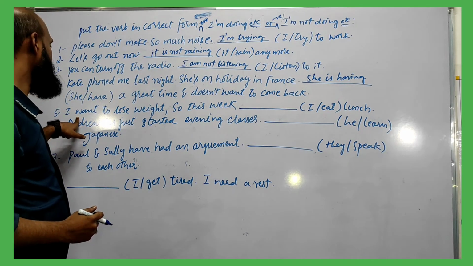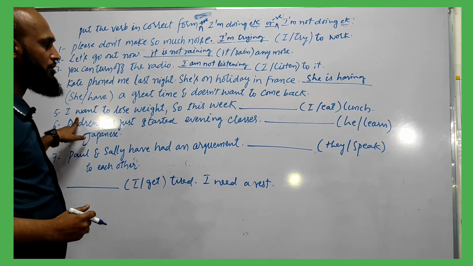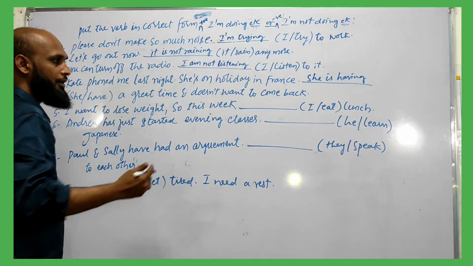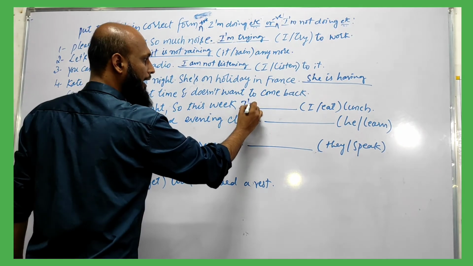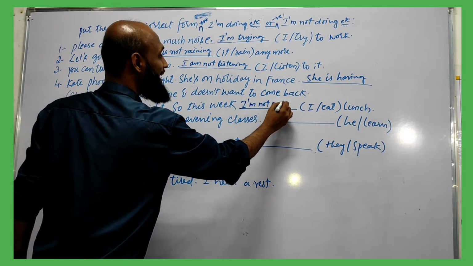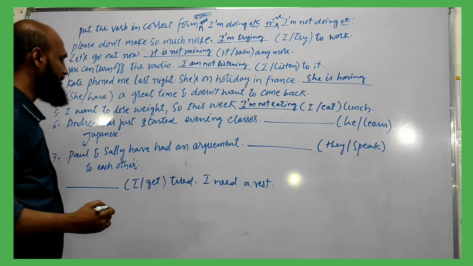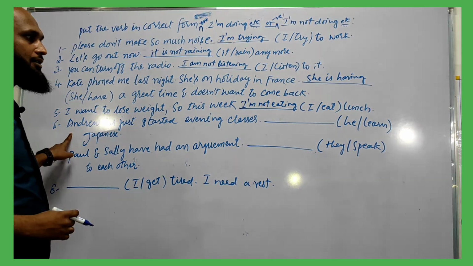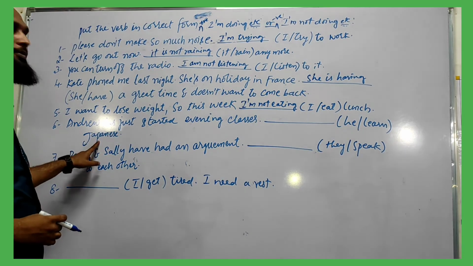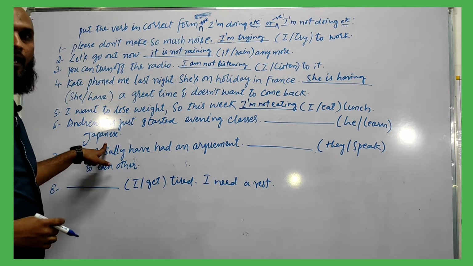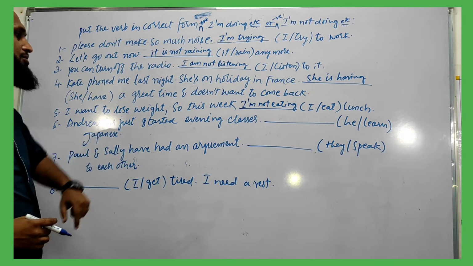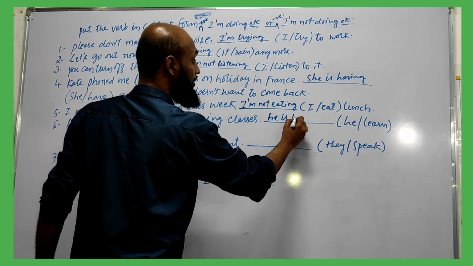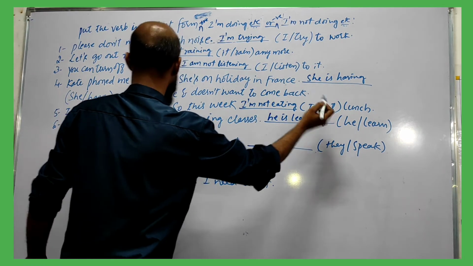The fifth question is, I want to lose weight, so this way, dash, I/eat lunch. I'm not eating lunch. Alright? Now, Andrew has just started evening classes, dash, he/learn Japanese. Well, Japanese is a language. Andrew has just started evening classes. He is learning Japanese.